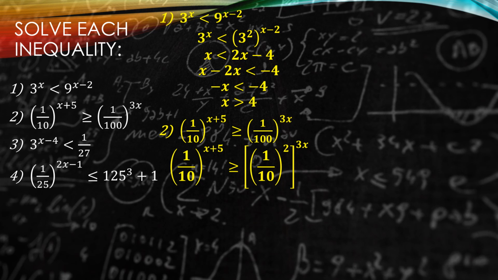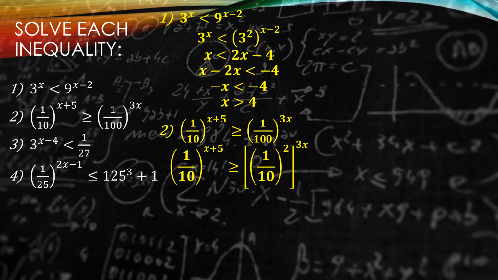Yung 1 over 100, gawin natin 1/10, okay, raised to 2. Kasi that's equal to 1 over 100. So, we have this, it's the same na ang kanilang bases. Okay, let's copy the exponents. Okay, ang base nito is 1 over 10.